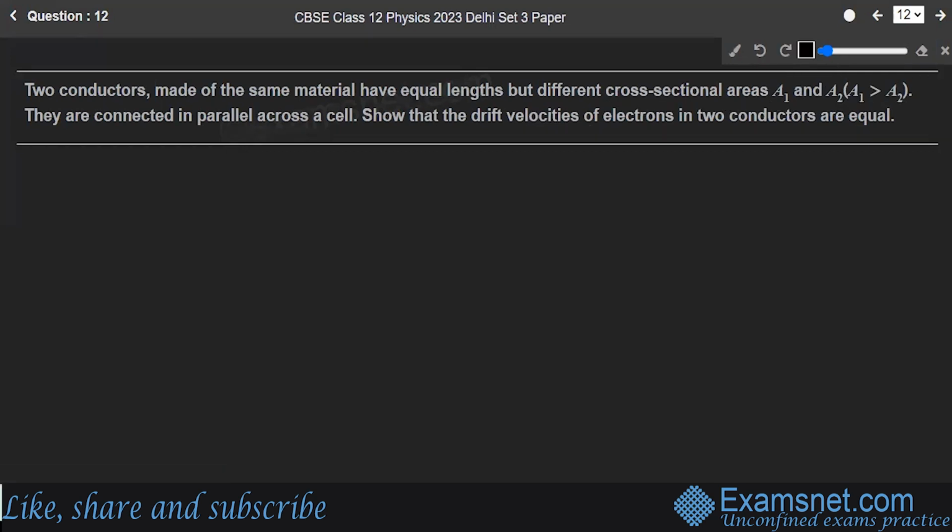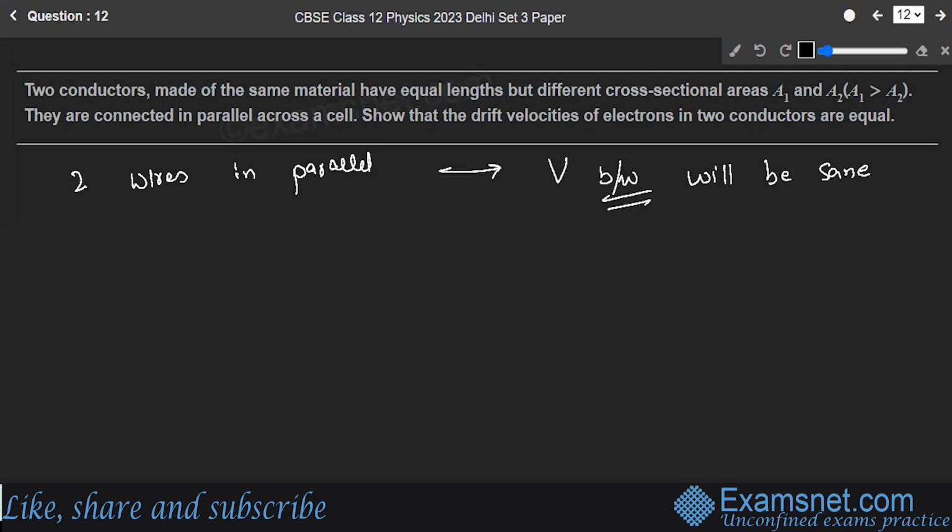All right. When the two wires are connected in parallel, the potential difference across the wires will be the same. That means V1 is equal to V2.